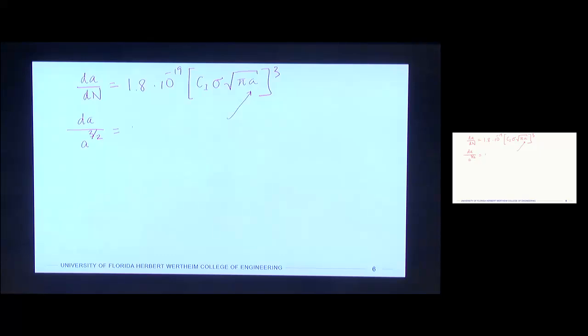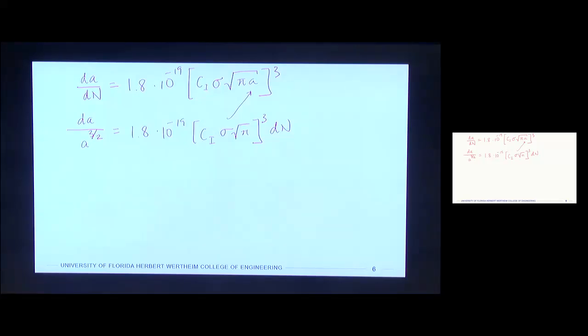So we still have our constant, 1.8 times 10 to the minus 19. And then we have C1 sigma square root pi, and all that is to the 3rd power. And then we are missing our dN, so this side will integrate with respect to N. There's no N's in the equation, so that side will be very easy.